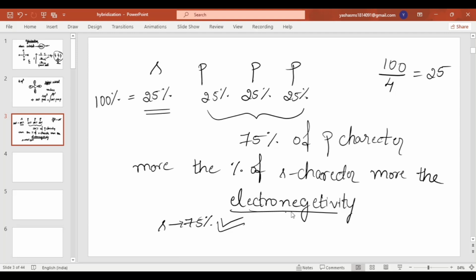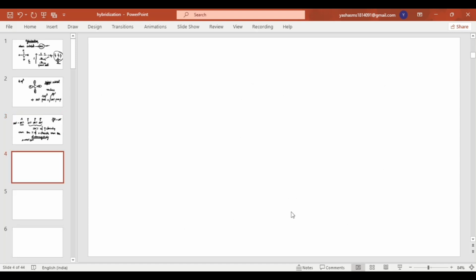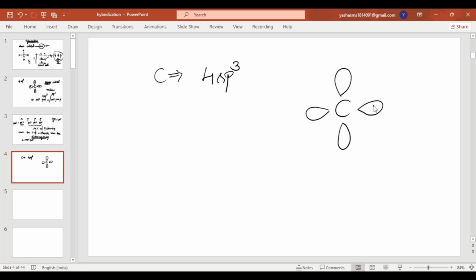Then I will talk about the bonding in methane, how actually the bond formation takes place. I already discussed that if sp3 is there, the carbon atom will have 4 sp3 hybrid orbitals around it, and each orbital contains one electron. Another element, hydrogen, contains 1s1, meaning only one electron is there.